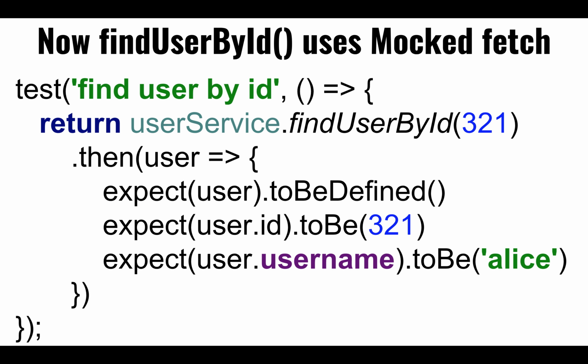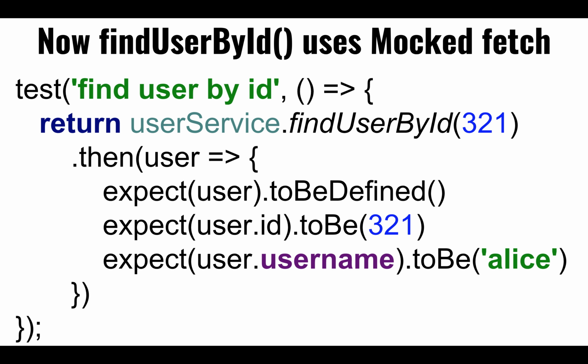So the test says, well, I want to see that expect user toBeDefined, meaning it's not null, it's not undefined, it's not an empty string. I can even parse the object. I want to verify that indeed the ID is 321. I can check that the username is Alice. So my test can now exercise the user service all by itself, independently, without actually going out to the server.